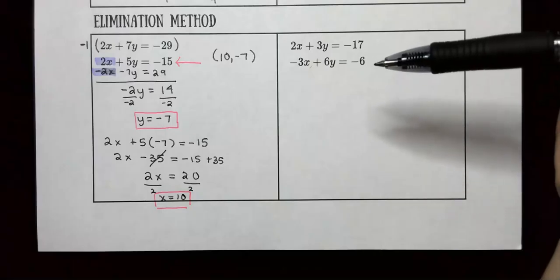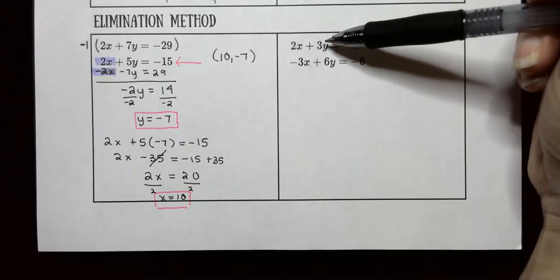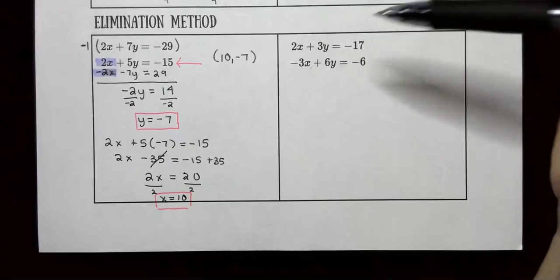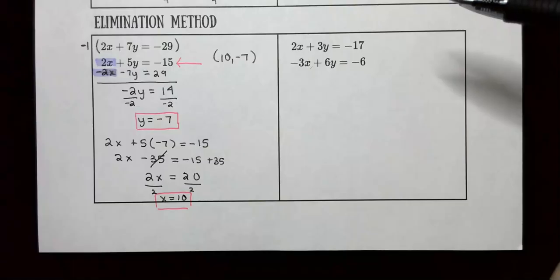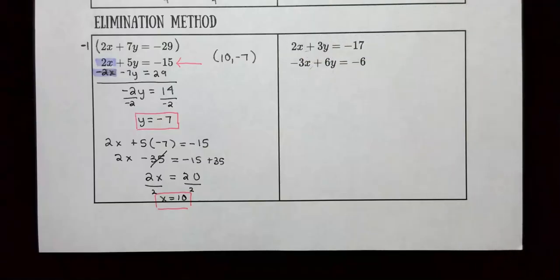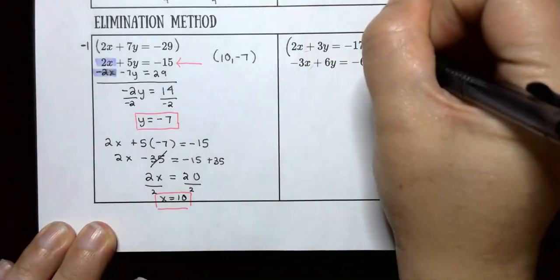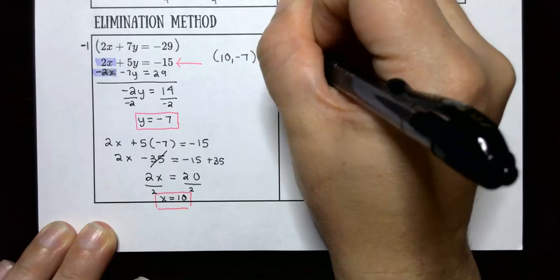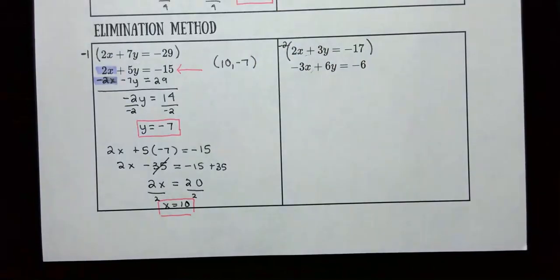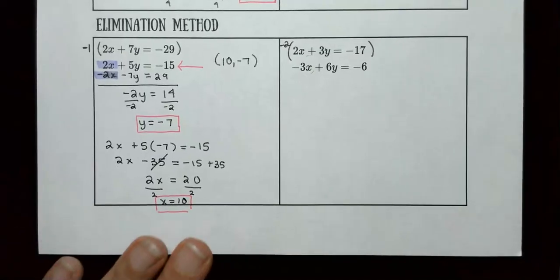Now, some people in class pointed out, well, we can multiply 3 by negative 2, and that will create a negative 6 up here that will combine with that 6. So let's do that. We're going to multiply this by negative 2. Now, if you decide to do this a different way, that works perfectly fine as long as you have the correct ordered pair at the end.